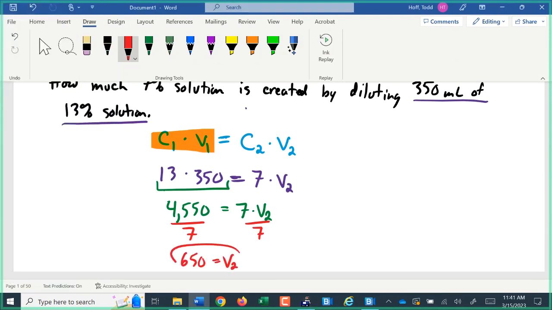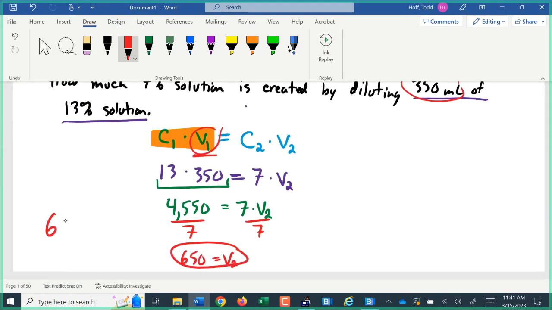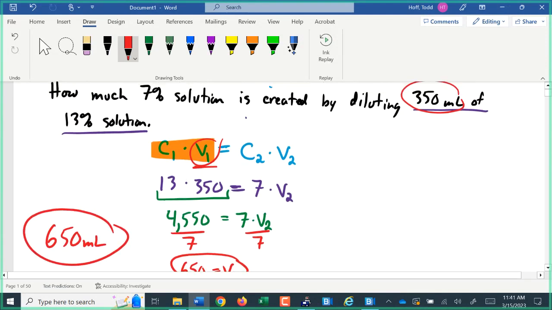That's V2. Remember, whatever unit V1 was, V2 has to be the same unit. V1 was 350 milliliters, so V2 is 650 milliliters. So from 350 milliliters of 13% solution, if we dilute that down, we will get 650 milliliters of 7% solution.